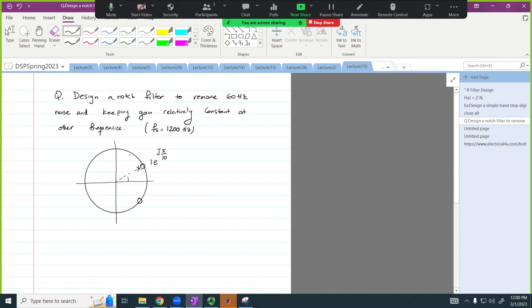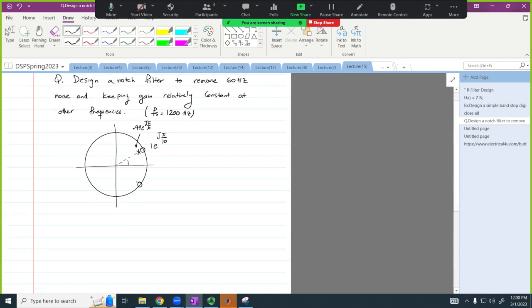We're going to place a 0 at 1 e to j pi over 10, and we're going to place a pole at 0.99 e to j pi over 10. And therefore, we're going to have also one here, at the conjugate.